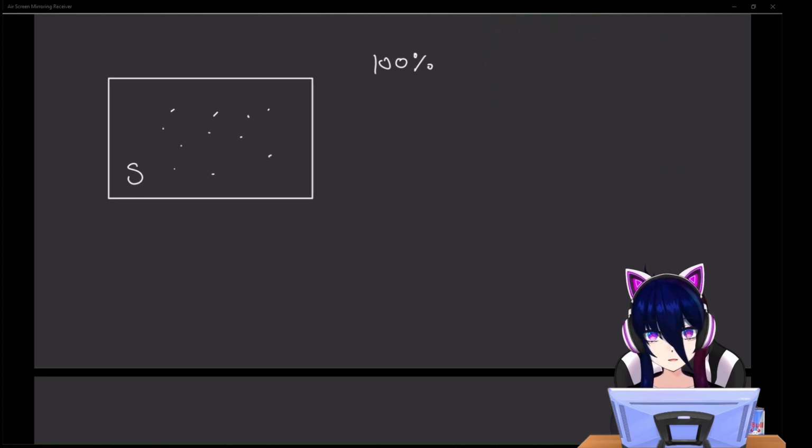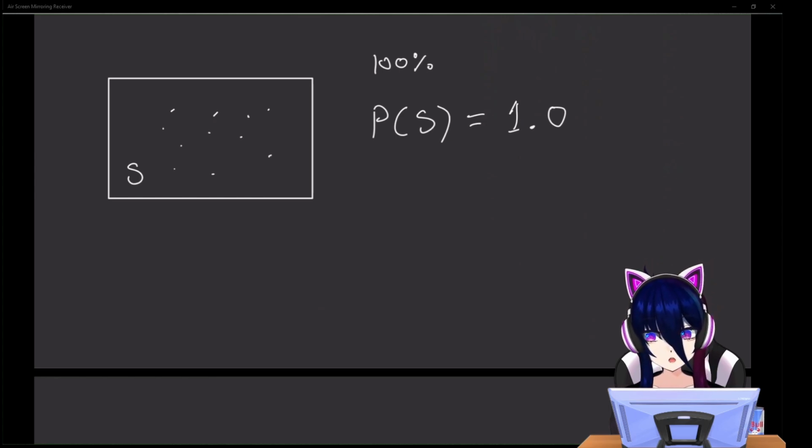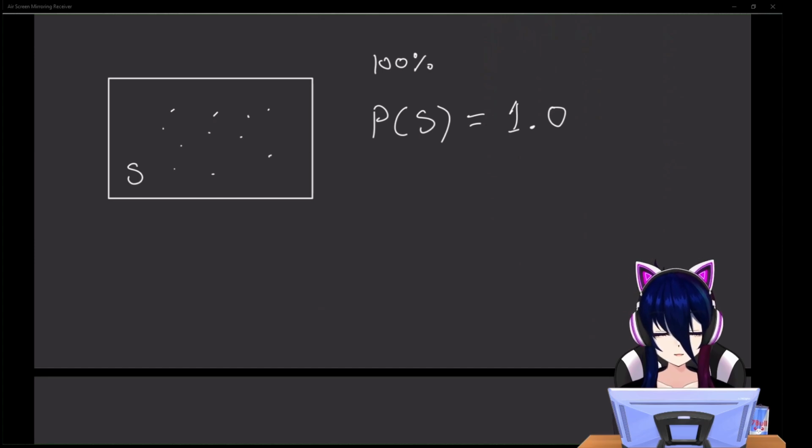But we denote that in a different way. We denote it by saying P of S, our set, is equal to 1.0. Because instead of 100%, we'll talk about probabilities in 1 being 100, 0 being 0, and the decimals being our percentages.